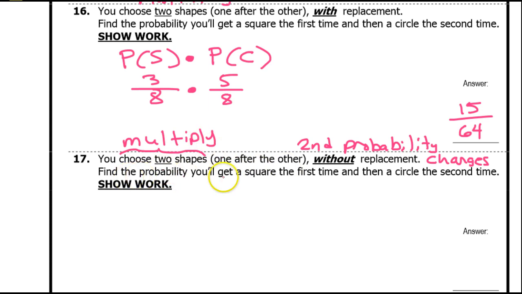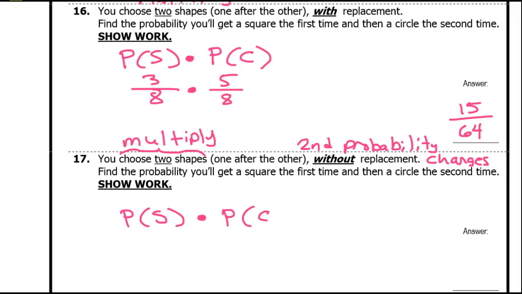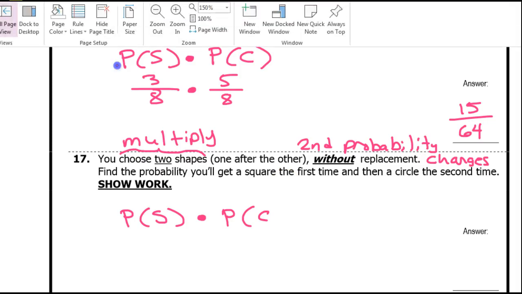Okay, so find the probability that you will get a square the first time and a circle the second time. So we're going to find the probability of getting a square the first time, and we're going to multiply that by the probability of getting a circle the second time. Now, technically, I shouldn't just say the probability of getting a circle. I should say the probability of getting a circle given that we already chose a square.